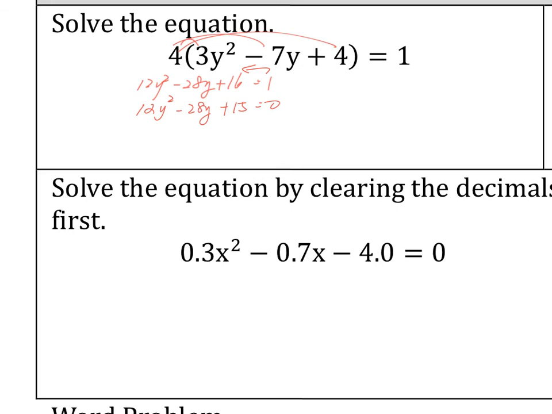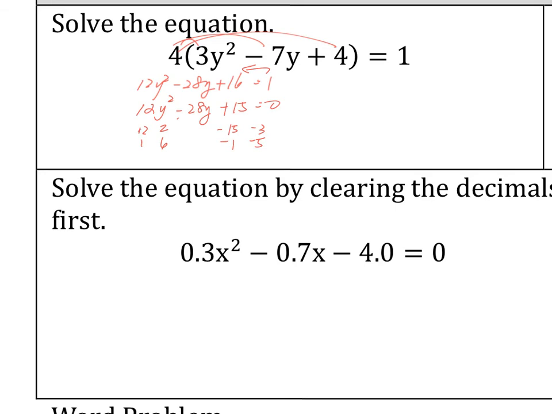Now this one could be a little tricky. We can have 12, 1, 2, 6, 15, negative 1 because it's a negative sign here, or negative 3, negative 5. Let's just leave it for now.